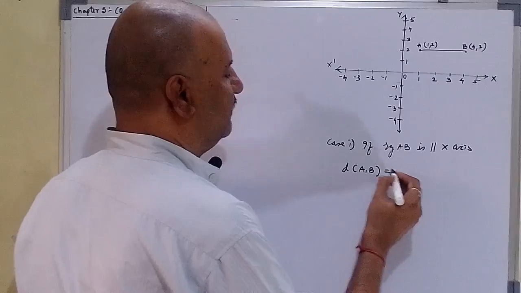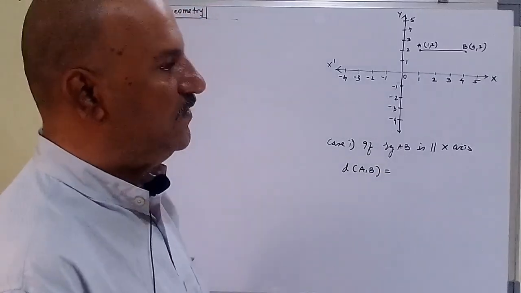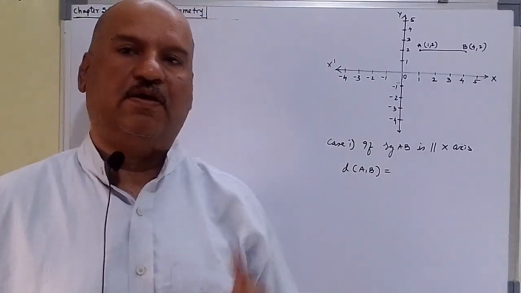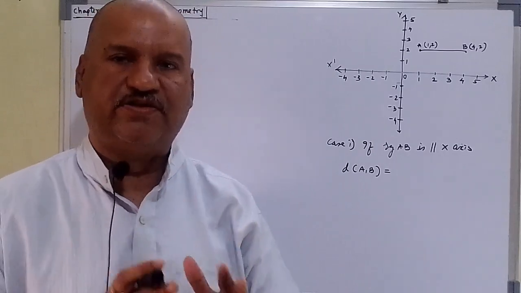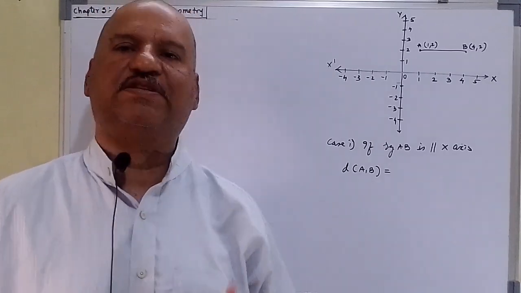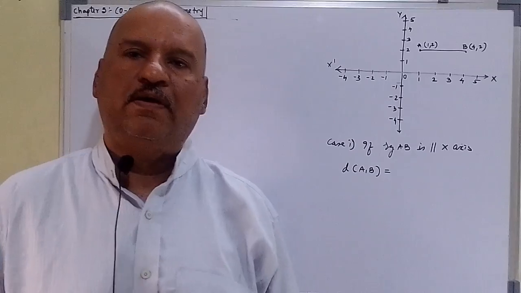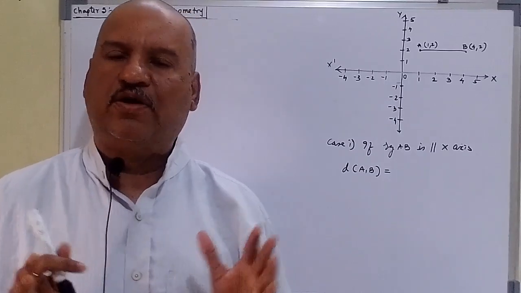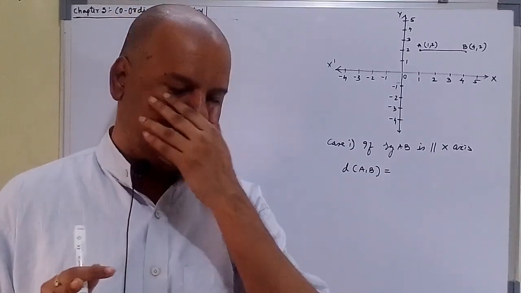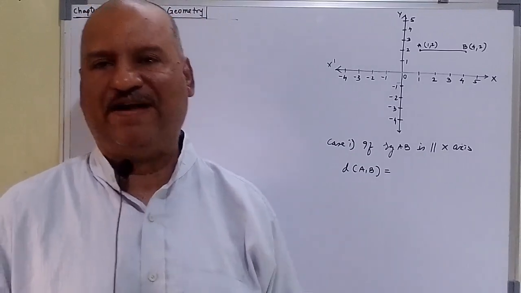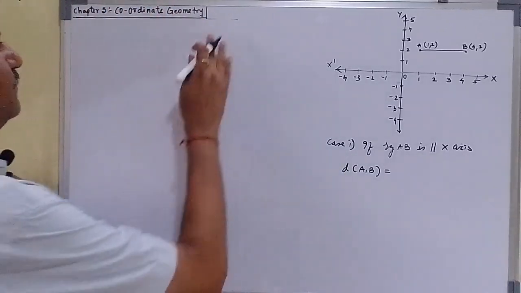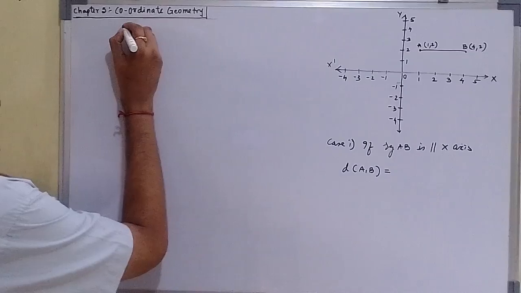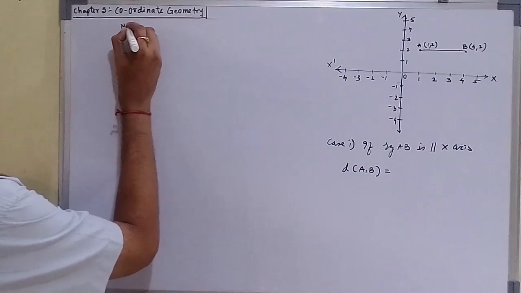Now how will we find distance AB? Look, I think your teachers have taught you, and you must have studied: what is the equation of the x-axis and the equation of the y-axis? I will tell you. This is an important note.